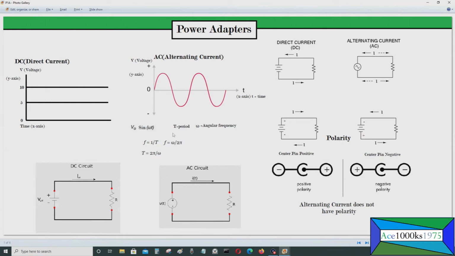So you have the period, and you have the angular velocity, that would be the frequency. If the frequency was more, then this graph would look more like this, higher frequency. If it was a lower frequency, it would be more like this, right? You would use these equations to find the frequency, the period, and everything else, basically.